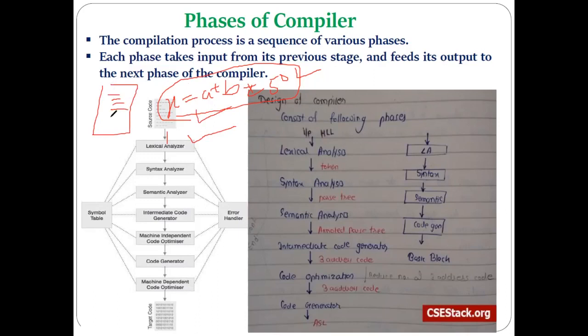Out of the whole content of the program, we have just taken a single expression as an example for your understanding purpose. Then the lexical analyzer gives the tokens to the syntax analyzer. Then the syntax analyzer will check whether this expression is syntactically correct or not, and it checks by generating the parse tree. Then the syntax analyzer generates the parse tree for this expression and gives that parse tree to the semantic analyzer.